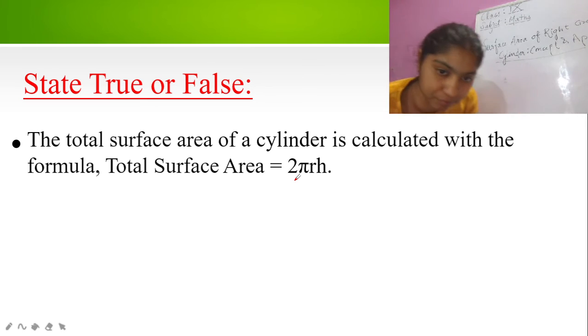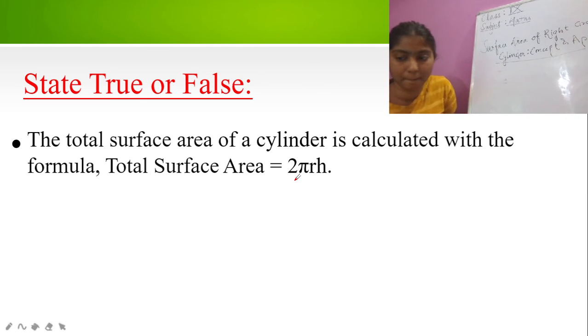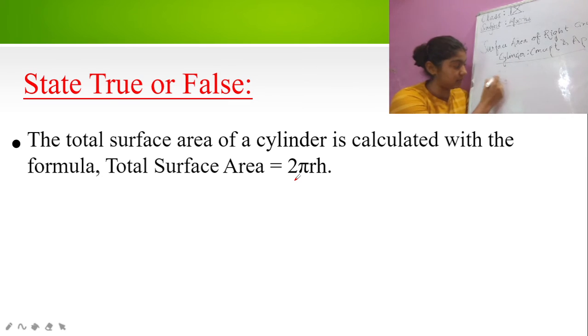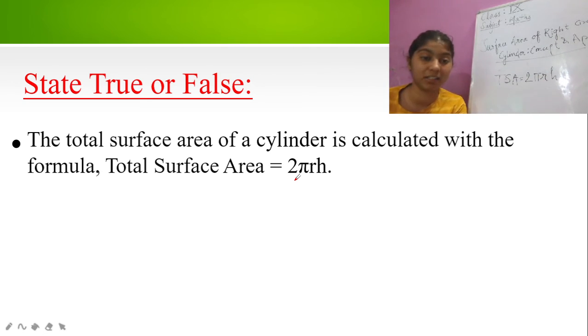So the total surface area of a cylinder here is going to be this much, that is 2 pi RH. Is it a correct statement or a false statement? Please write your answer in the comment box for this question.